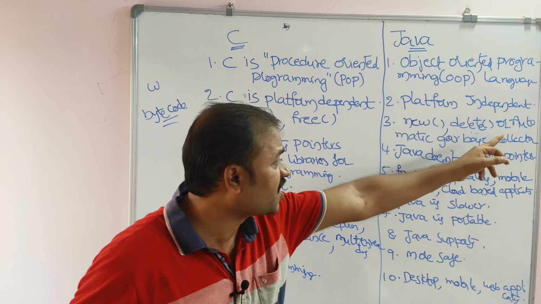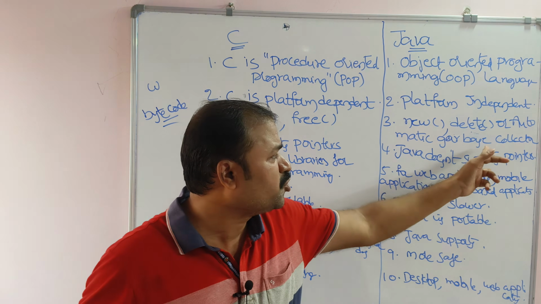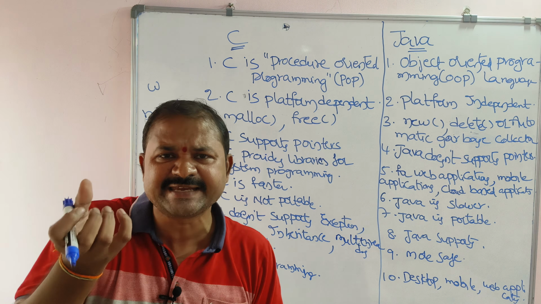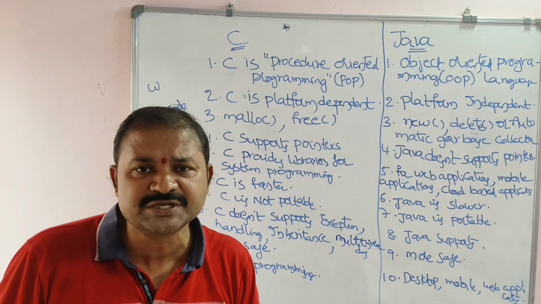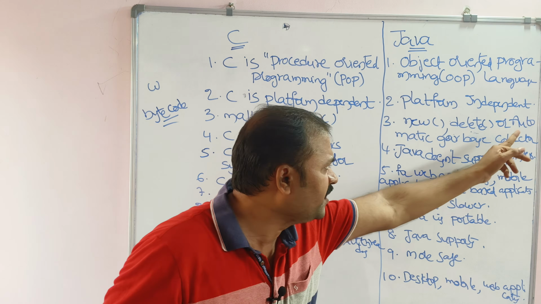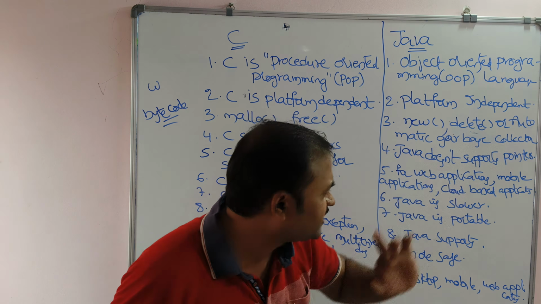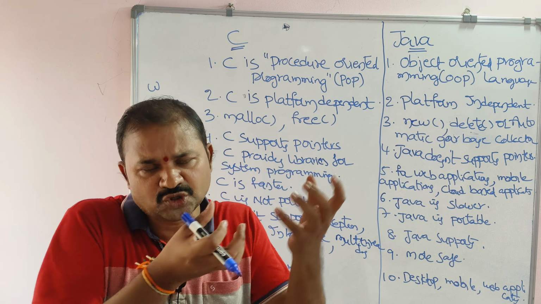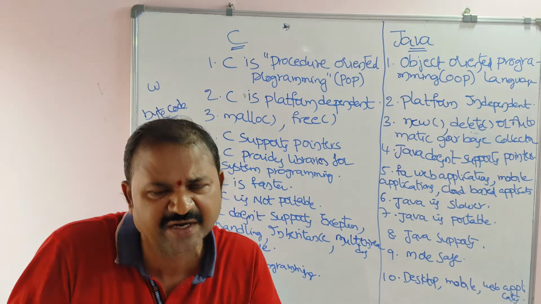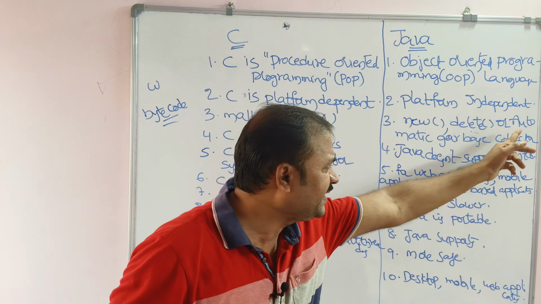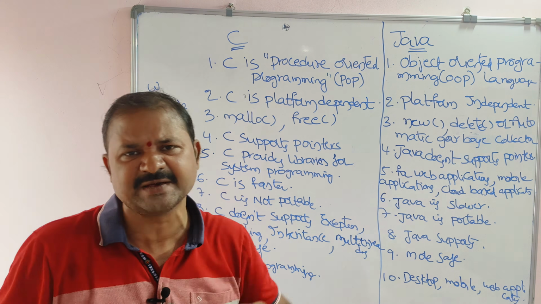As well as, Java supports an automatic garbage collector. If an object is not used for the longest period of time, then automatically this garbage collector will free that memory. So automatic, the name itself specifies the meaning.